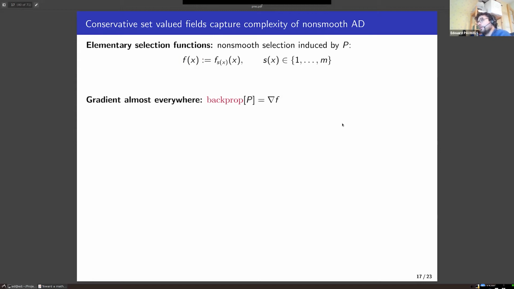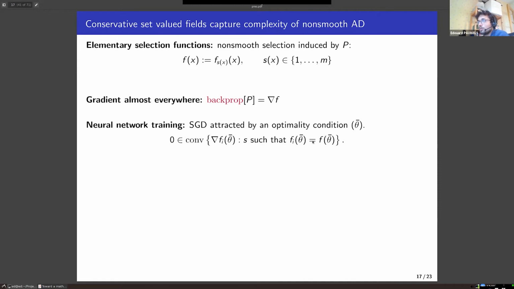In this case, it holds that backpropagation applied to the program computes a gradient almost everywhere. There is a mathematical statement behind the precise meaning of almost everywhere, but essentially it means that the set of inputs where this doesn't occur is negligible, so we essentially don't see it. So backpropagation is right the majority of the time, and it computes the actual gradient.